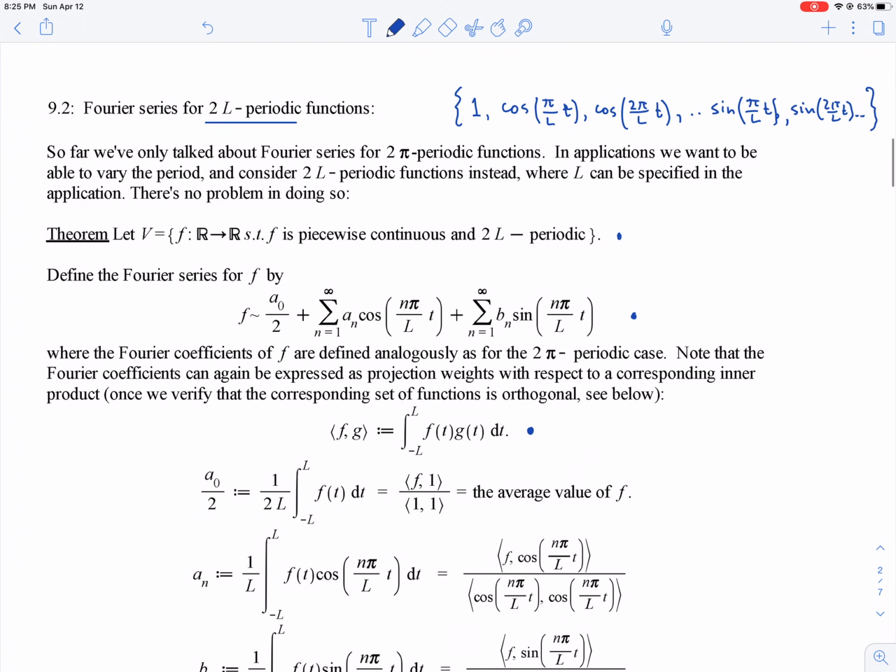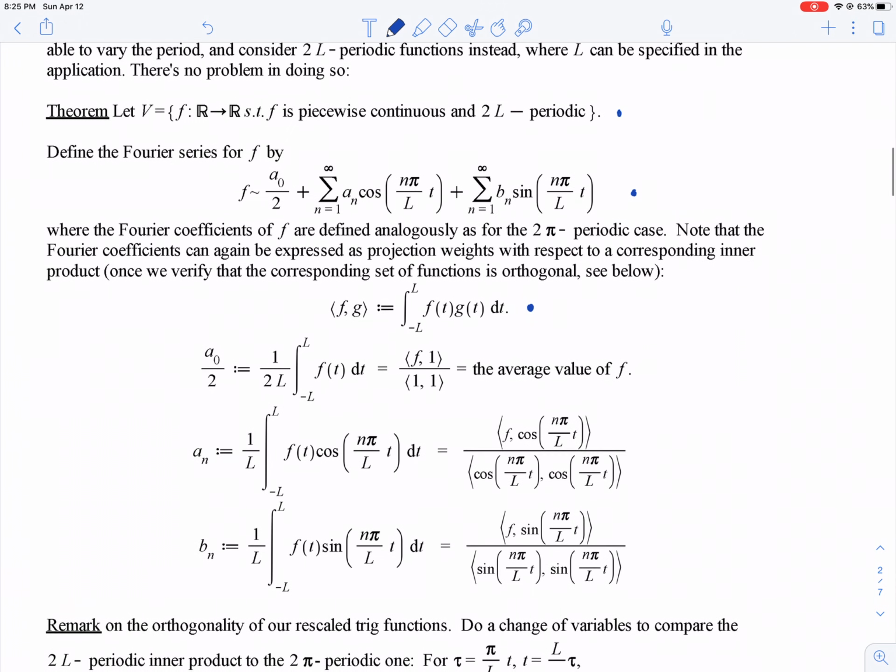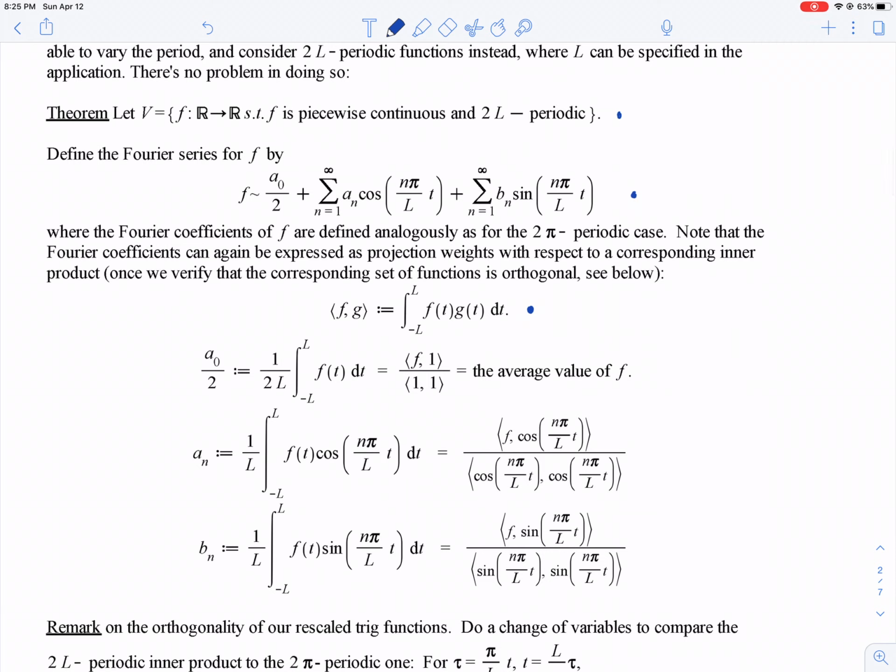Okay, and this Fourier series can be understood exactly the same way as we did it for 2 pi periodic. So the definitions of the Fourier coefficients are listed on this page. The a naught over 2 is 1 over 2L instead of 1 over 2 pi times the integral from minus L to L of f.